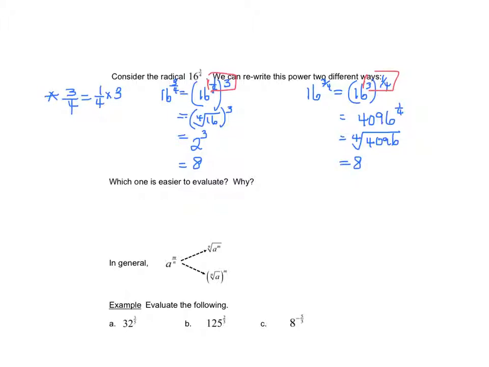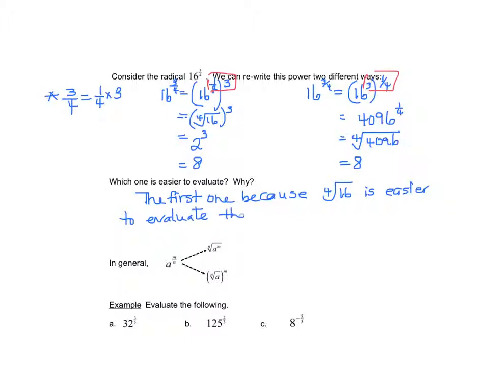We get the same answer, but that is much harder to do mentally. So when it says which one is easier, we would say the first one, because the 4th root of 16 is easier to evaluate than the 4th root of 4,096.